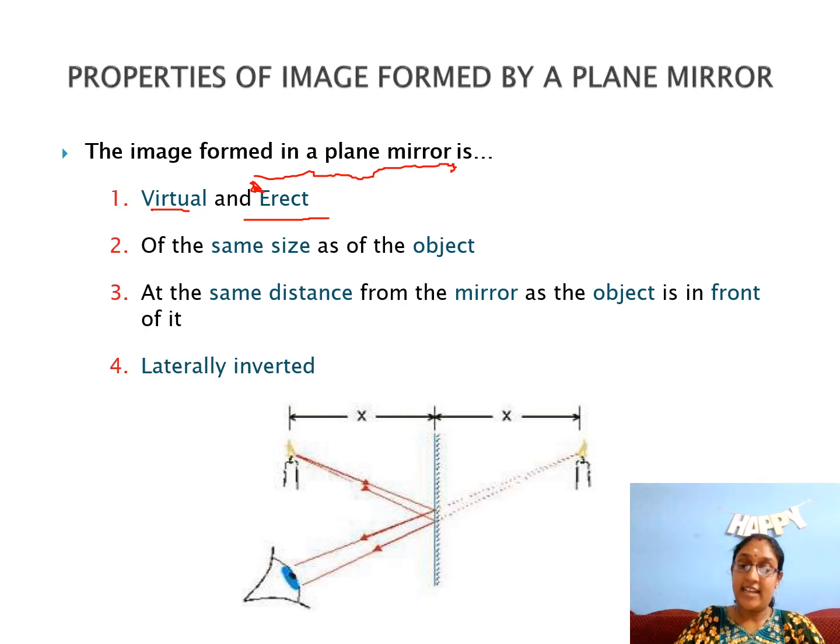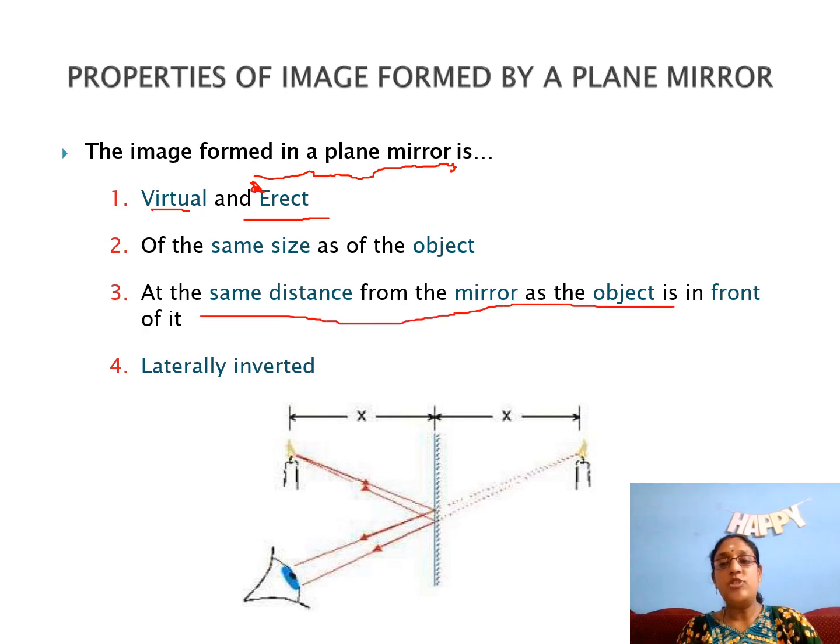Whatever distance you place the object from the mirror, the image is formed at the corresponding distance. So at the same distance from the mirror as the object is in front of it, you can see the image. This is your plane mirror. You keep a candle in front of the plane mirror and you see the same image over here.